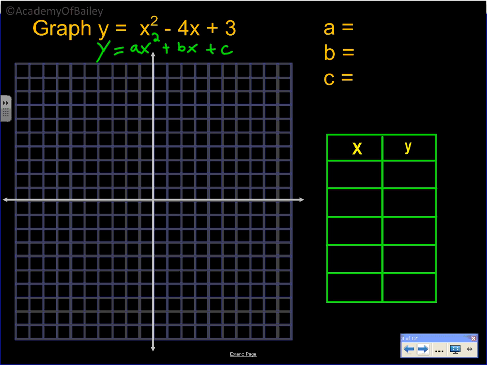What number is above a? That would be the 1, the invisible 1. What number is above b? You might be thinking 4, but you have to pay attention to the sign. That's going to be negative 4. And what number is above c? That'll be 3.